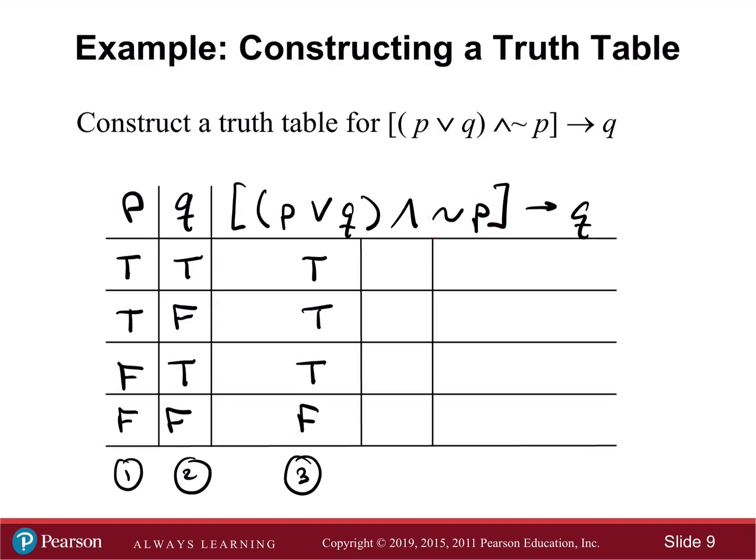So not P is going to be the opposite of P. So that's going to be false, false, true, true, and that's our column 4.